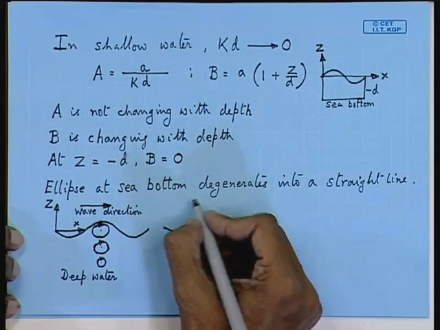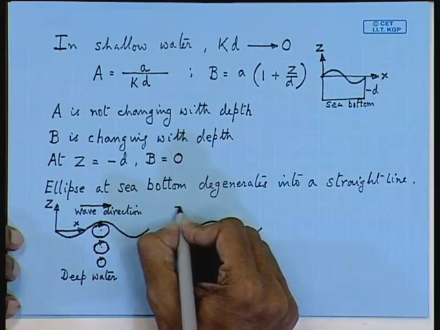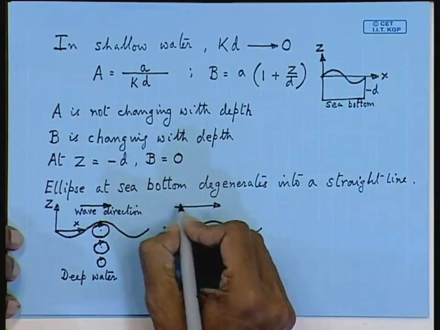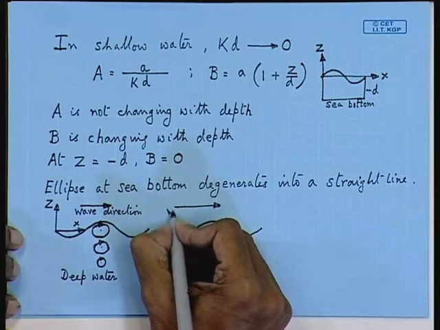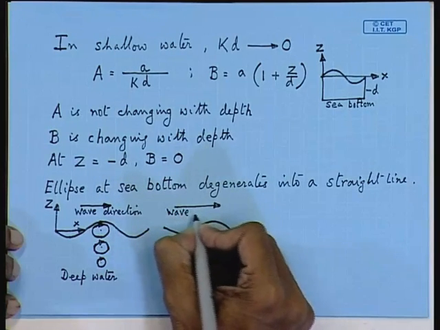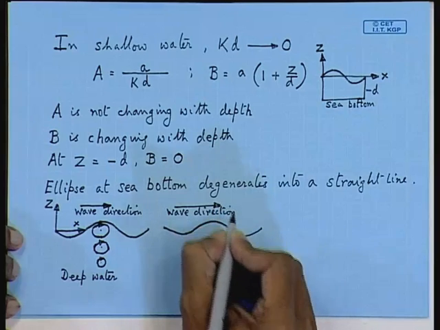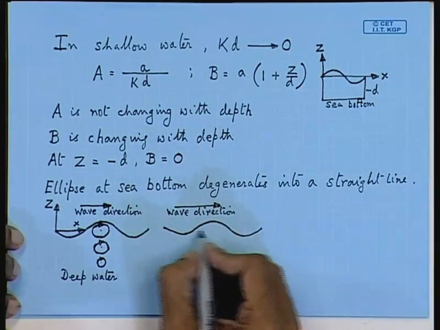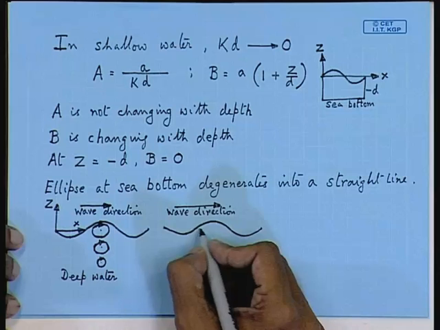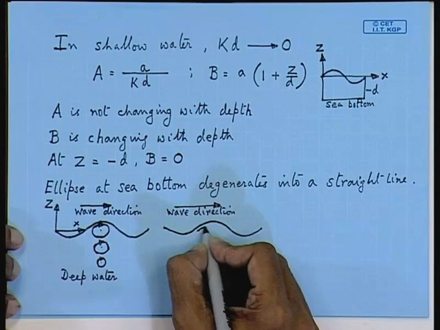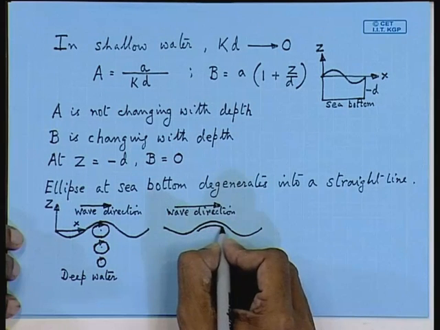So, again your wave direction is still the same, I am not altering the wave direction. Here instead of circular you will get, so that means the water is becoming more and more shallower.